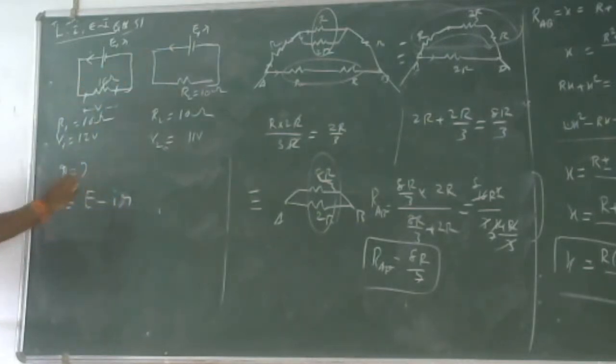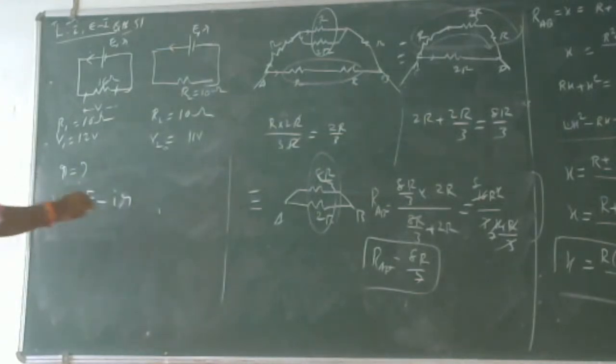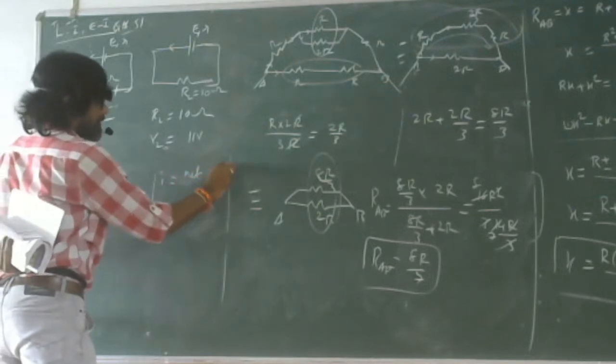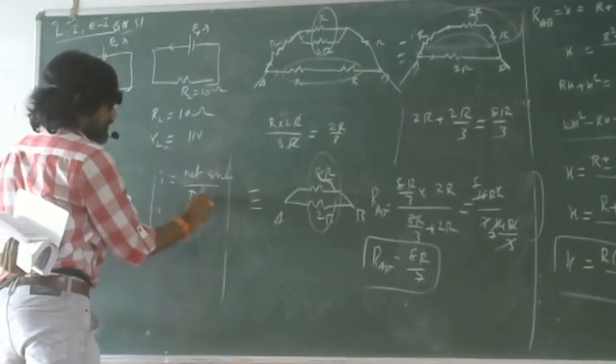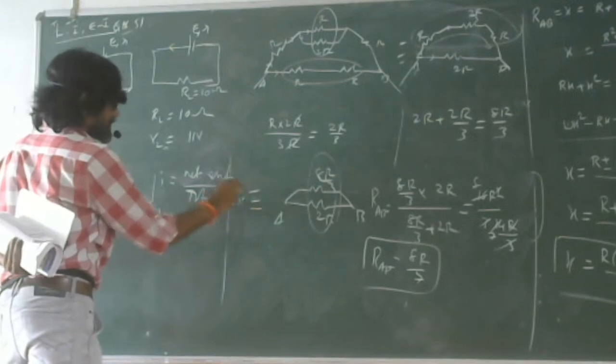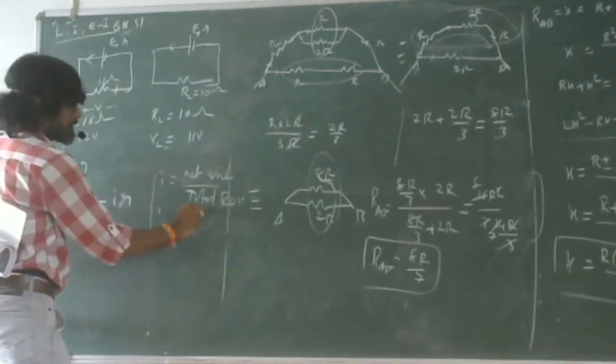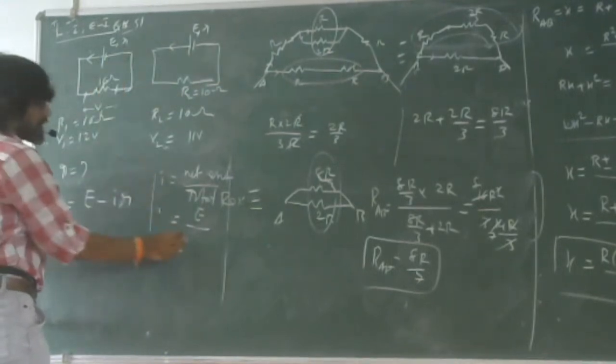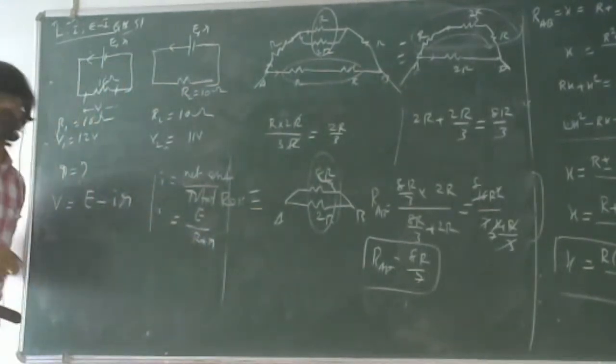What about current? Current is nothing but net EMF by total resistance. Net EMF is E, and resistance is capital R plus small r.